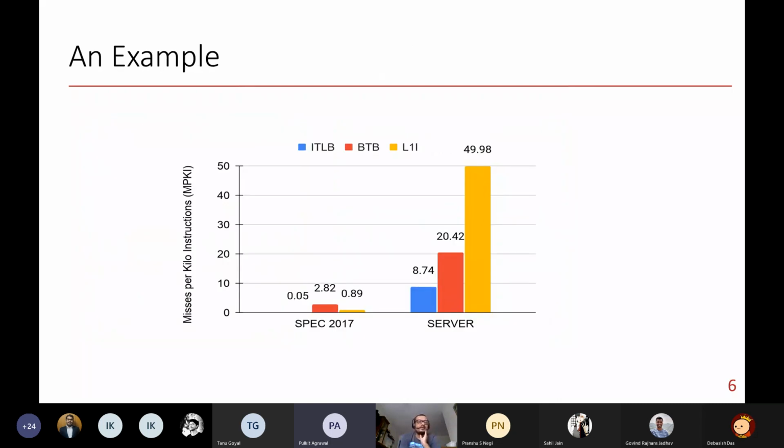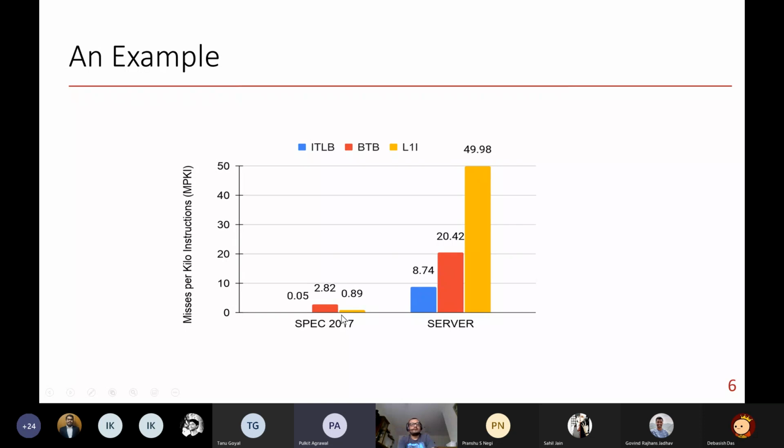This is a differentiation of the kind of applications that we run on our desktop, which are typically measured through a benchmark called SPEC, and the right hand side is showing the server benchmarks. If you look here, you will find that the misses per kilo instructions for the BTB and the L1I are significantly higher.